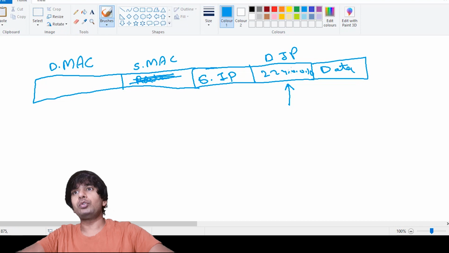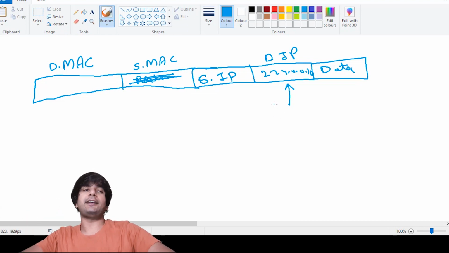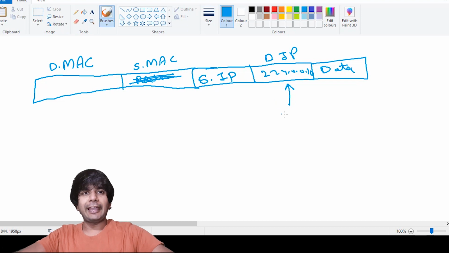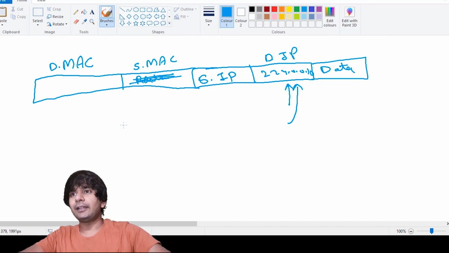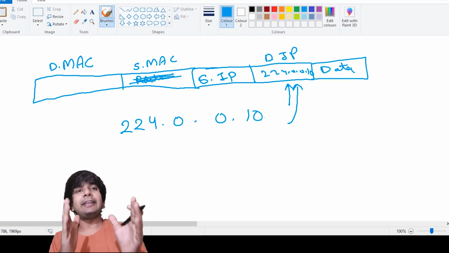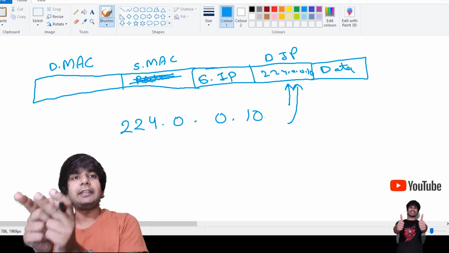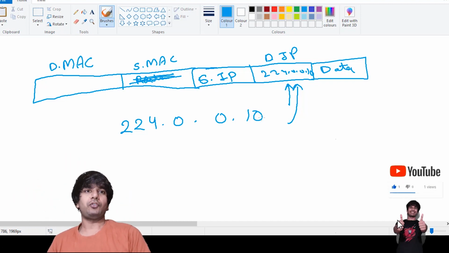So guys, actually we need to calculate the multicast MAC address with the help of its respective multicast IP address. Exactly, right? So if this is the multicast IP address, there is a dedicated multicast MAC address for this specific multicast IP address.